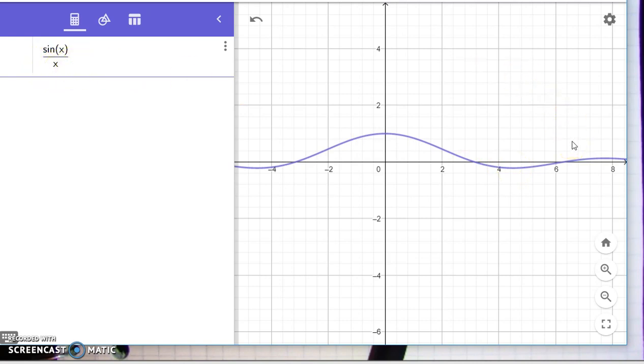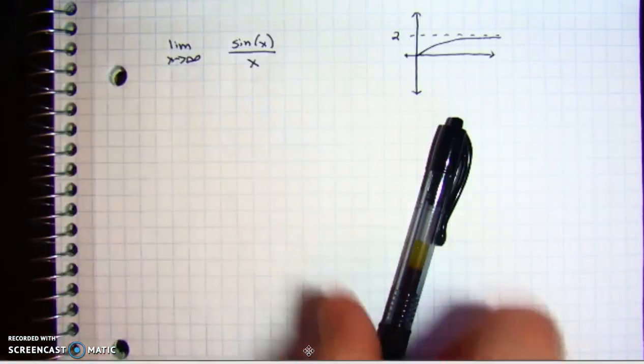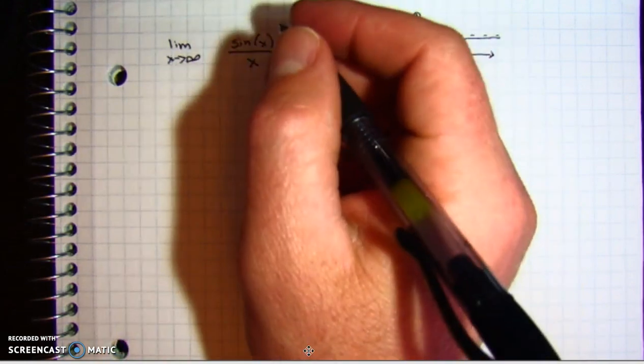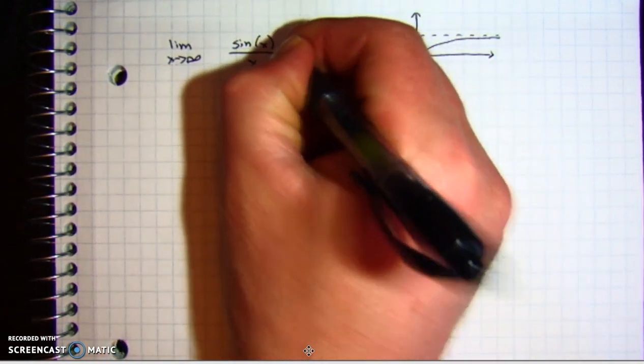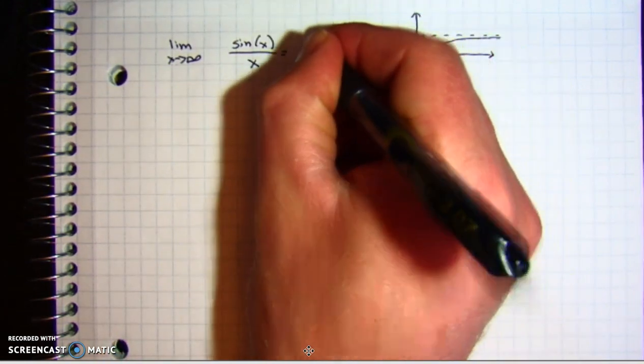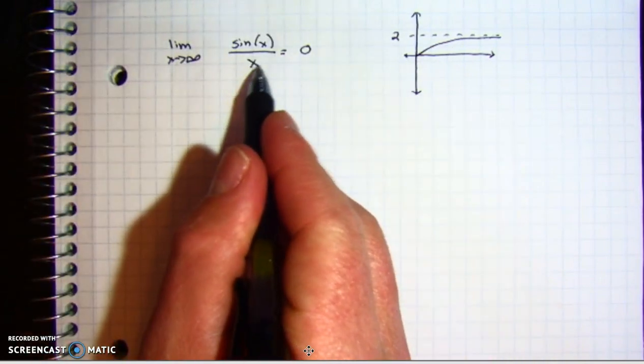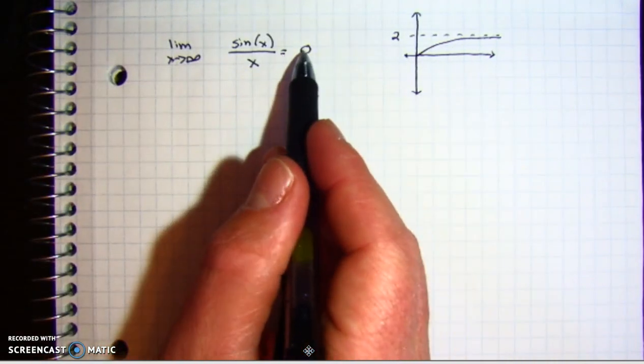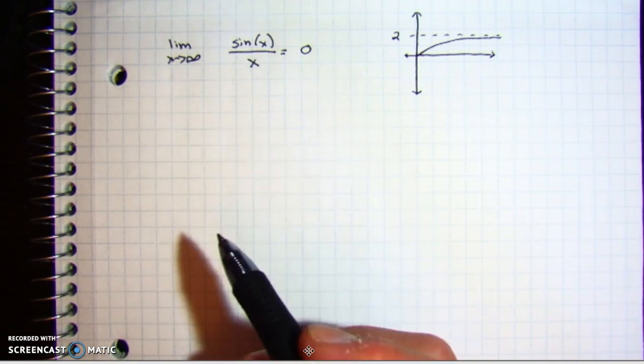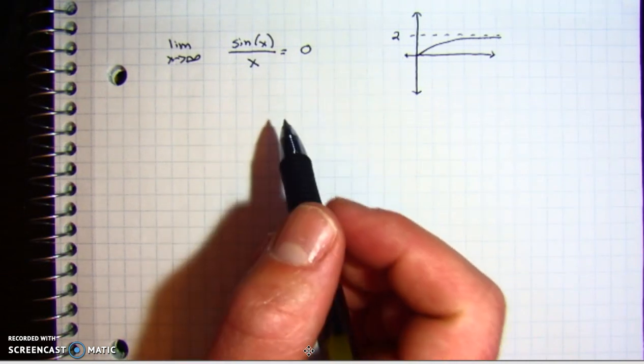So it seems logical that this is going to converge to 0, because when x gets really, really big, those oscillations are just going to get smaller and smaller around 0.